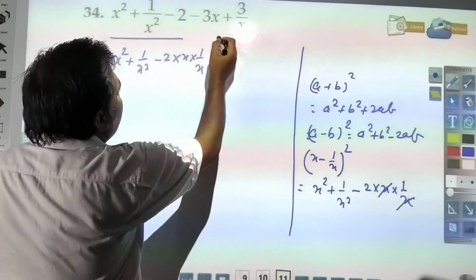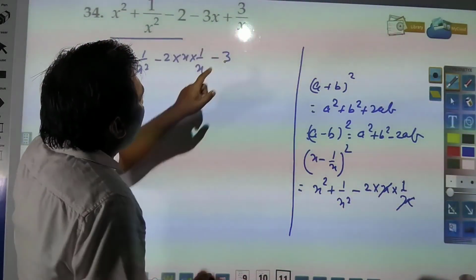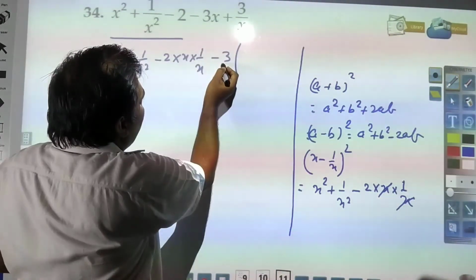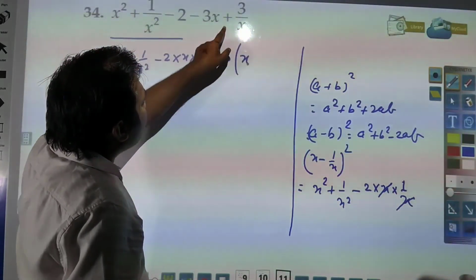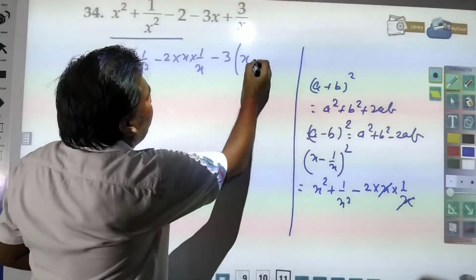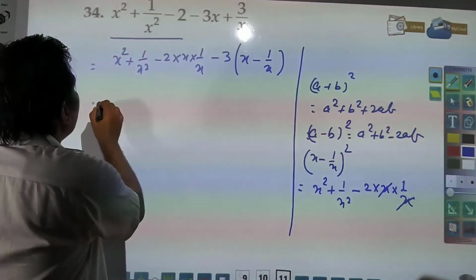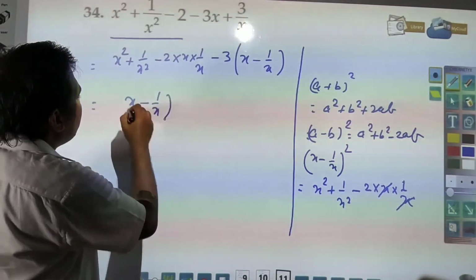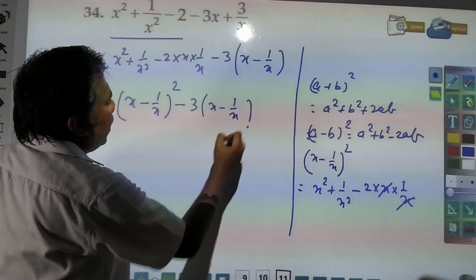minus, here you see 3 can be taken out common. So minus 3 if you are taking out common, here this minus 3 will be, minus 3 already you have taken, x will become plus, and minus you have taken out, so this will become minus, so minus 1 by x. Now this will become x minus 1 by x whole square minus 3 into x minus 1 by x.